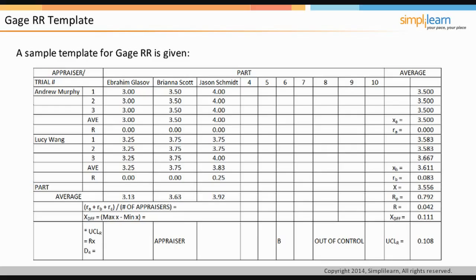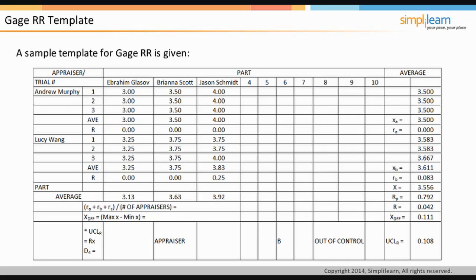The operators measure each part repeatedly. From this data, the average X and ranges R for each inspector and for each part are calculated. The grand average for each inspector and each part is also calculated.